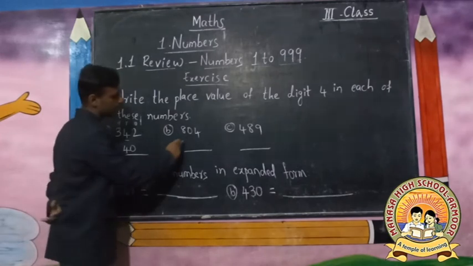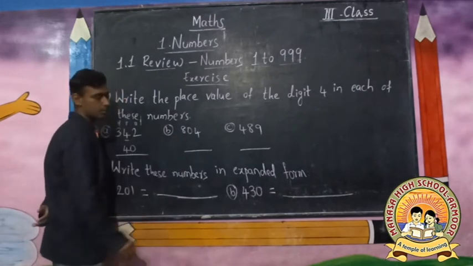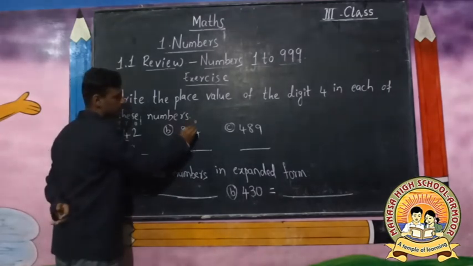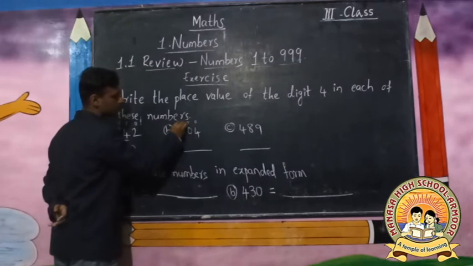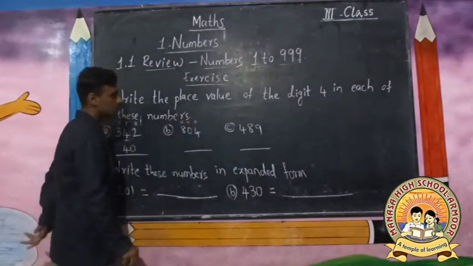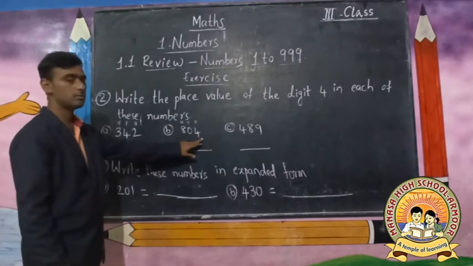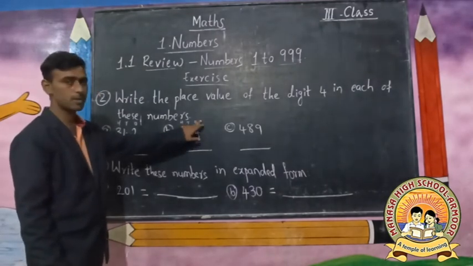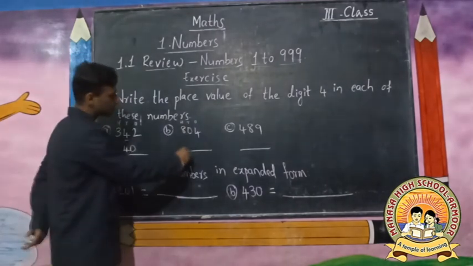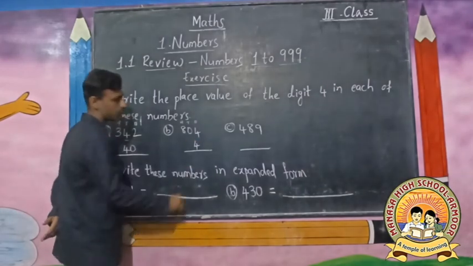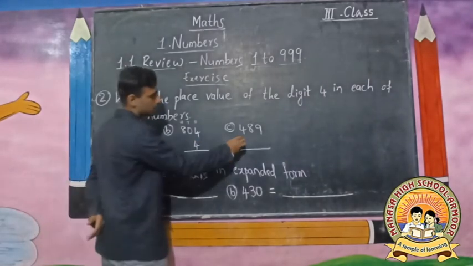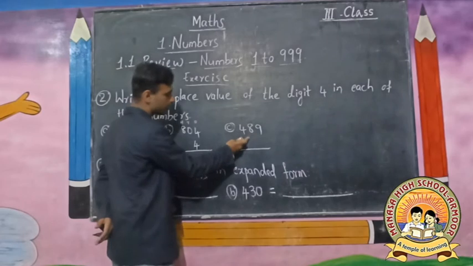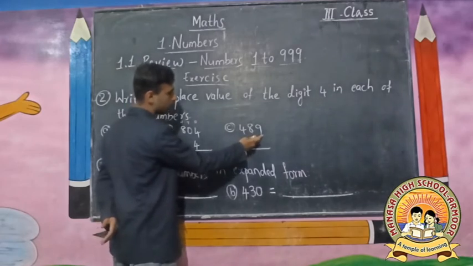Next, here 804. 4 in ones place, 0 in tens place, 8 in 100 place. So we need 4 place value. So 4 in ones place. So the answer is 4. Here another number. Let us take another question. 489.